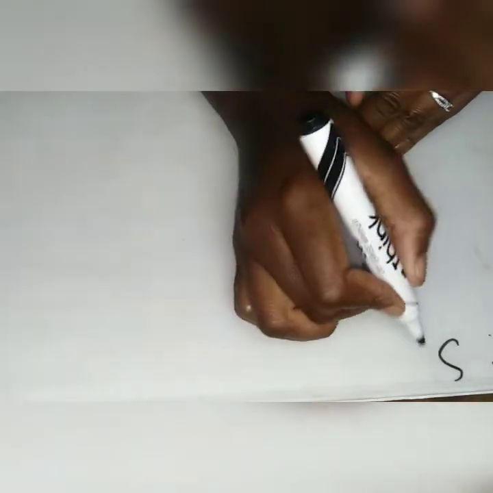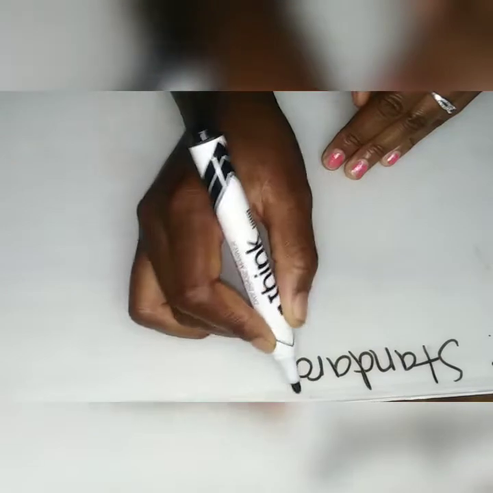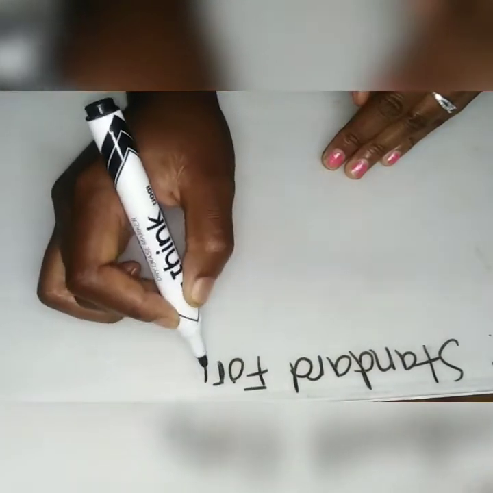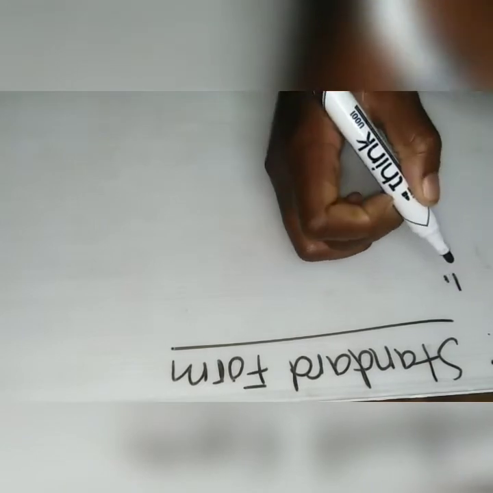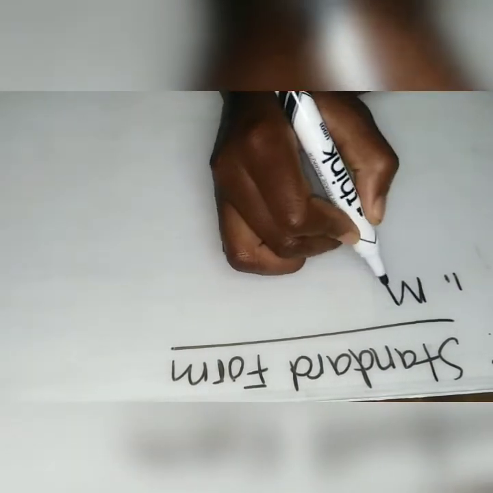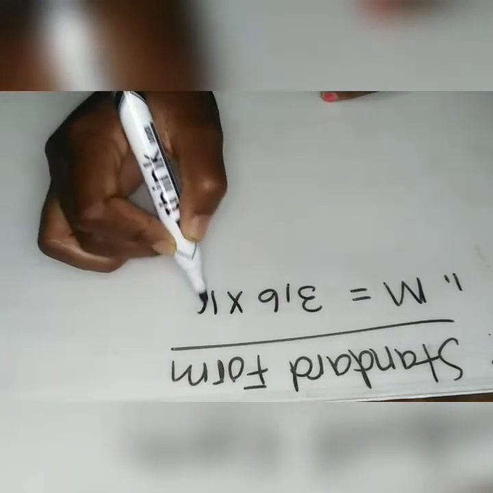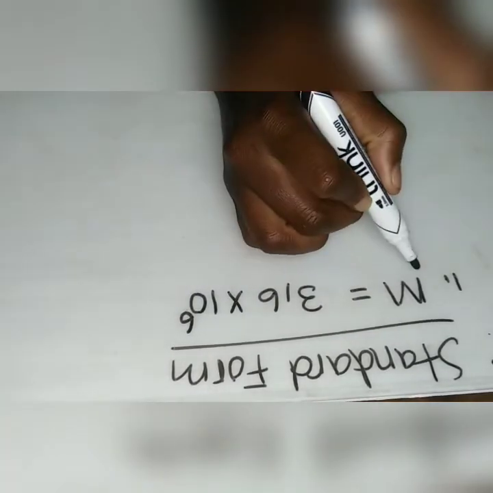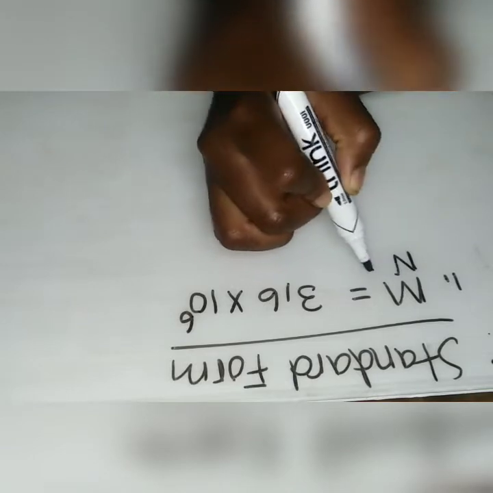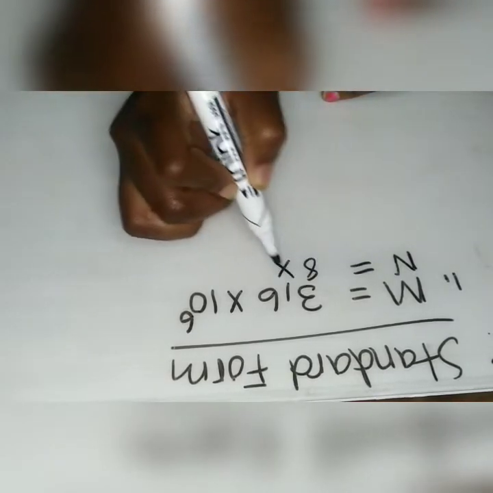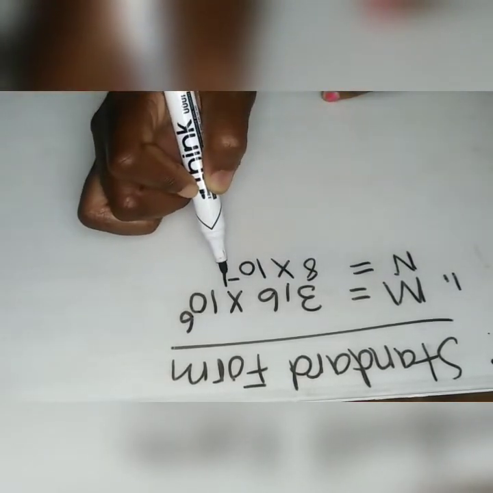Today we are looking at standard form and we'll be revising our test. Okay, our first question said we are given m as 3,6 times 10 to the power 6 and we are given n as 8 times 10 to the power minus 1.